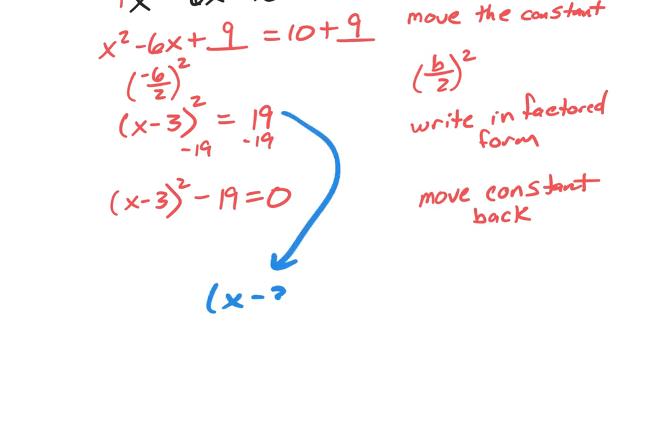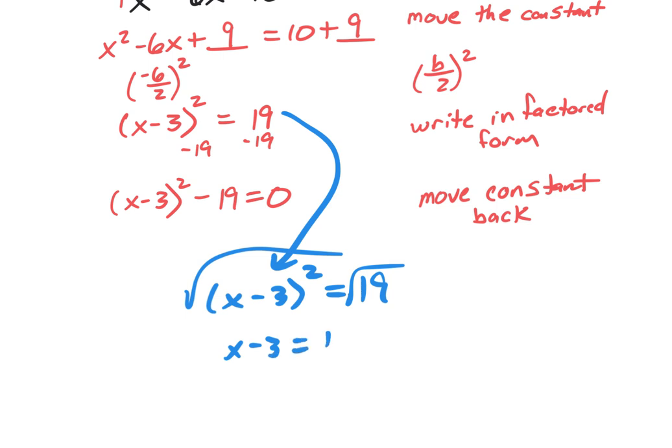We want to solve this. So we want to get x by itself. That's going to be our goal today, is to solve this equation. So instead of moving the 19 over, now we're just going to solve for x in this case, okay? So how would I get rid of the square? Take the square root. So we're going to do the square root of both sides. Okay.